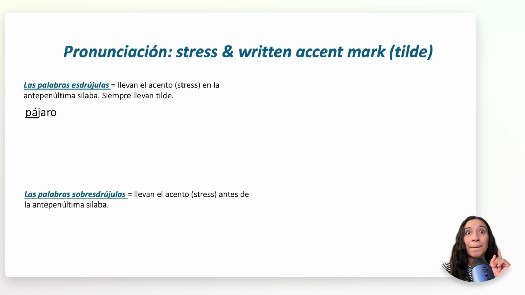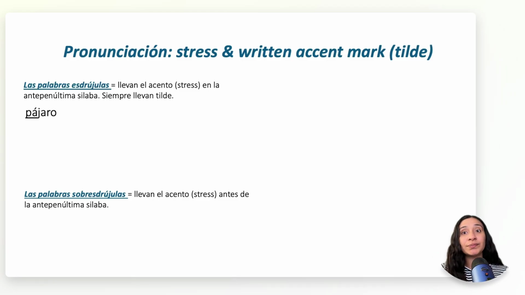So we have pájaro. So this is the last syllable. Then we have this one that is the second to last syllable, and then the esdrújulas. Las palabras esdrújulas are the ones that have the accent mark in the syllable that goes before the penultimate syllable, before that second to last syllable.